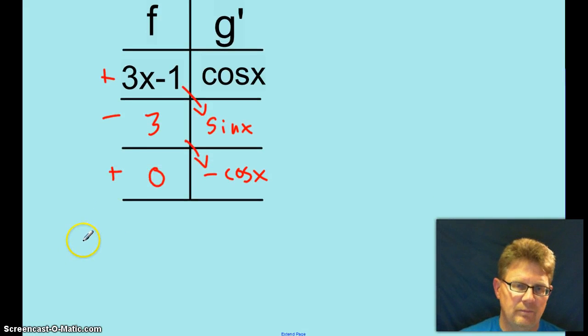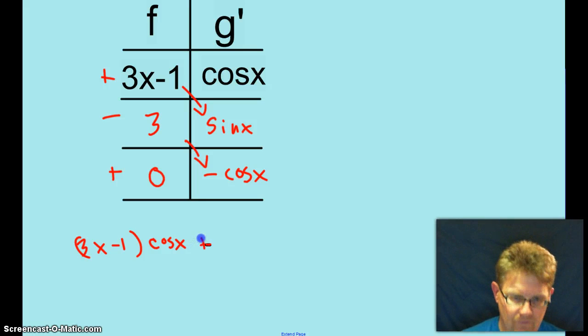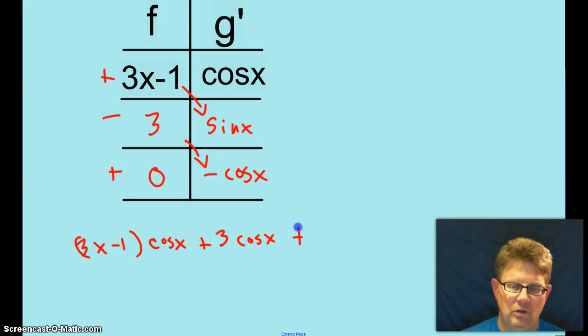And we're going to get 3x minus 1 times cosine of x plus 3 cosine of x plus an arbitrary constant c.